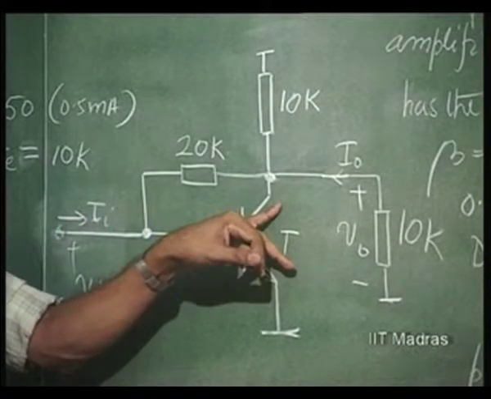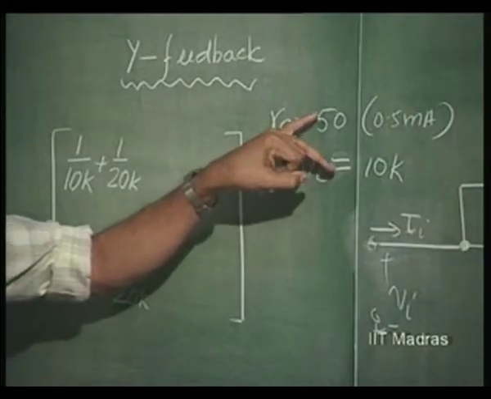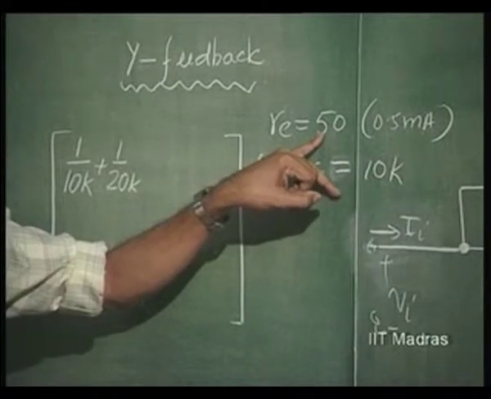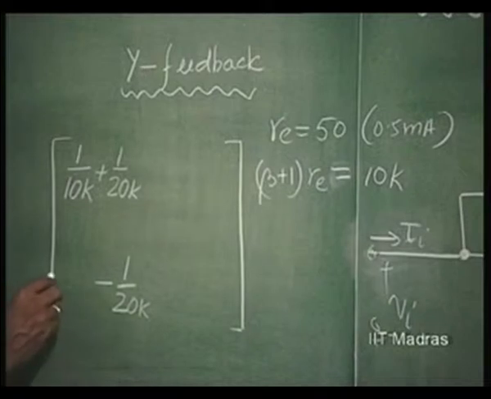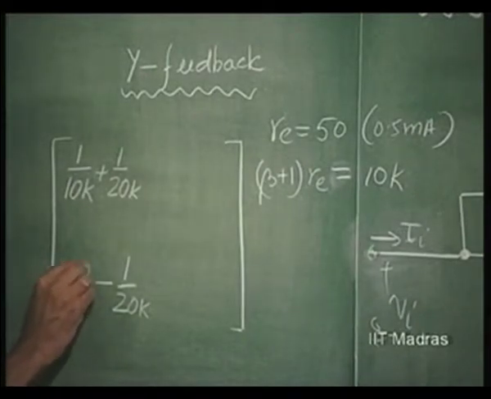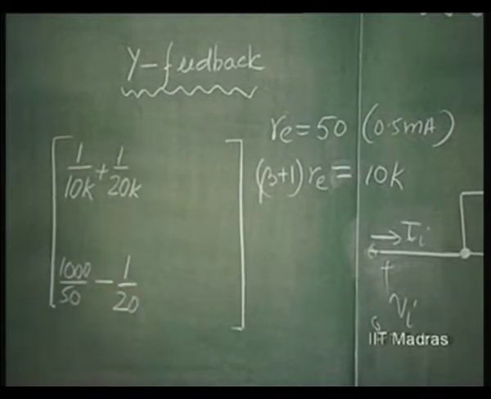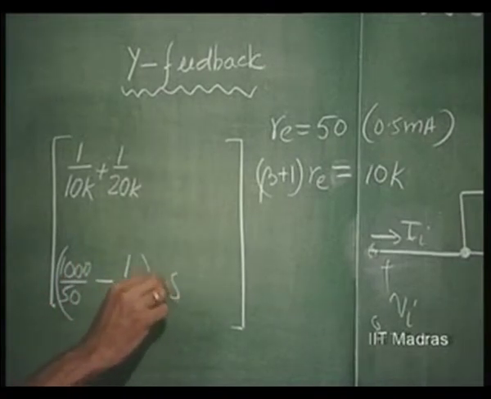Gm is nothing but roughly alpha over Re, that is 1 over Re is 50. So that is 1 over 50, that means 1000 by 50 millisiemens. So both these things are expressed in terms of millisiemens, okay.